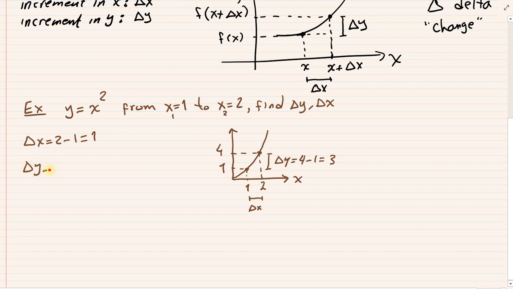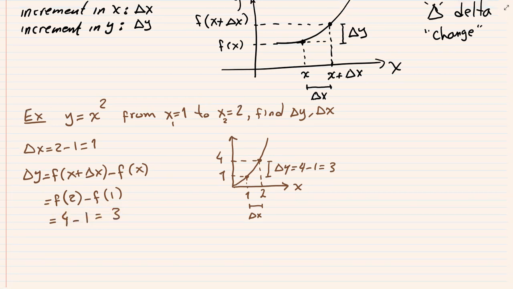And delta y is going to be f at x plus delta x minus f at x, meaning the higher point minus the lower point. Now f at x plus delta x is f at 2, and f at x is f at 1, and I already have those on the graph. That's going to be 3. There we have it, and that's what these numbers turn out to be.